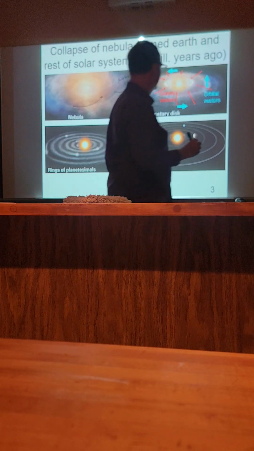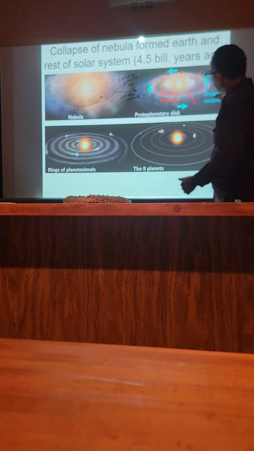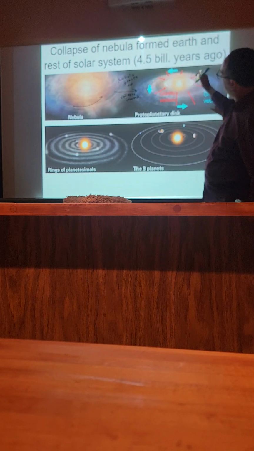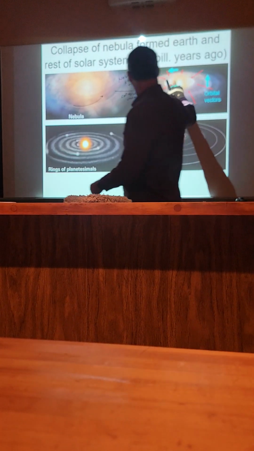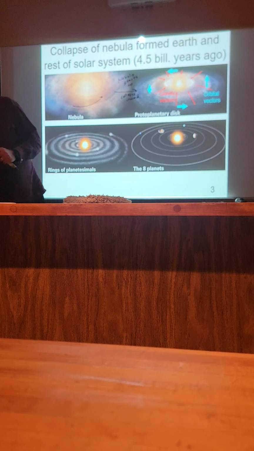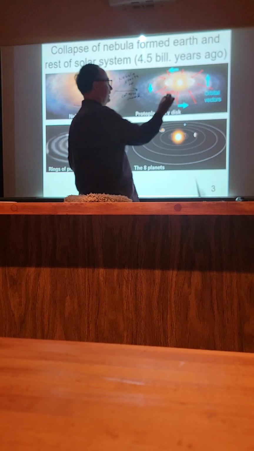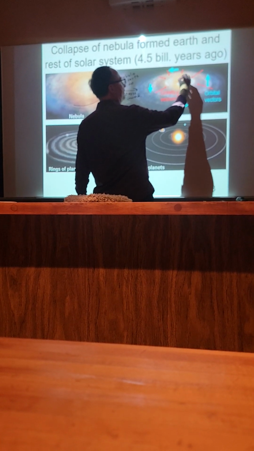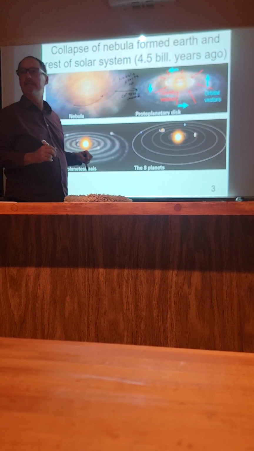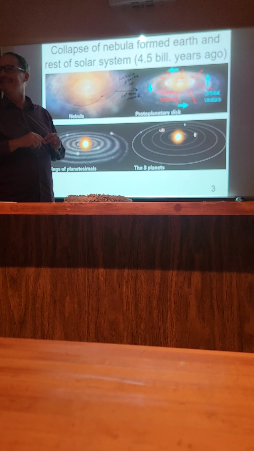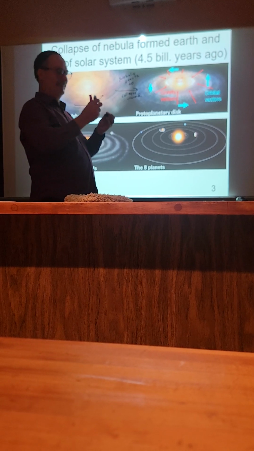As this nebula is collapsing inward, you can see that more of the matter ends up concentrated here. What's this going to end up becoming? The solar system. The whole thing will be the solar system, and then this thing right here is going to be the sun. Right now you could call it a proto-sun because it's not quite there, but it's getting there. It hasn't started nuclear fusion.